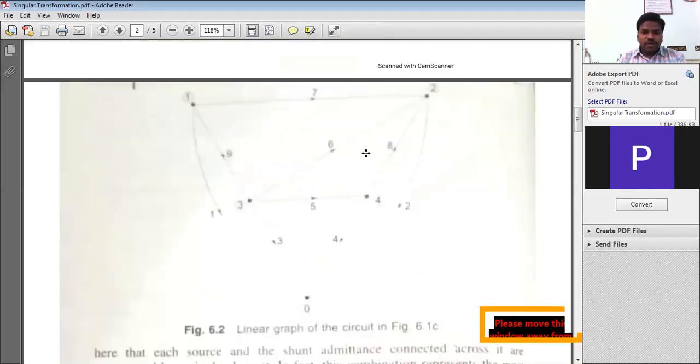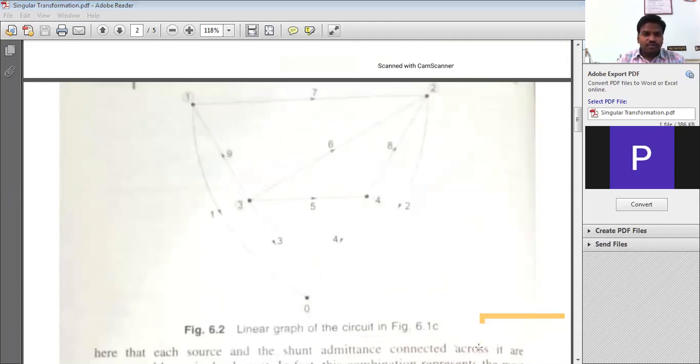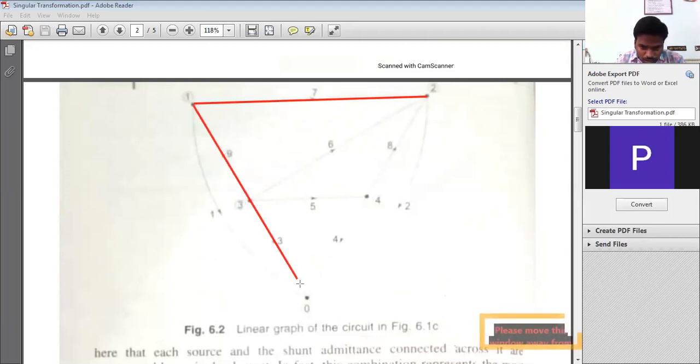So here you are not seeing a very clear figure. So for that purpose, I'm going to draw here. Just please wait. I'm going to draw a linear graph here.